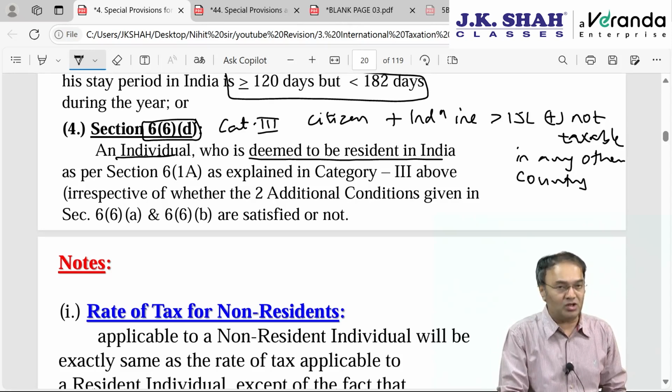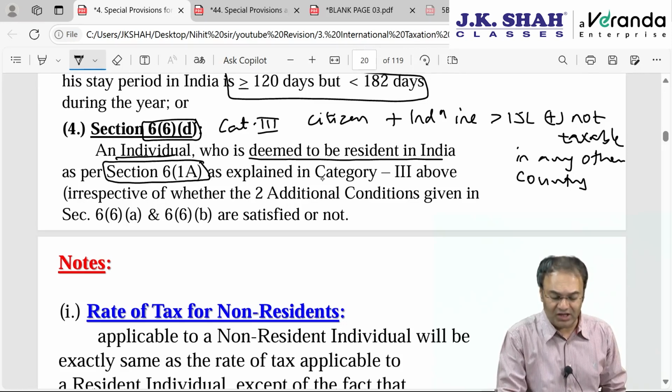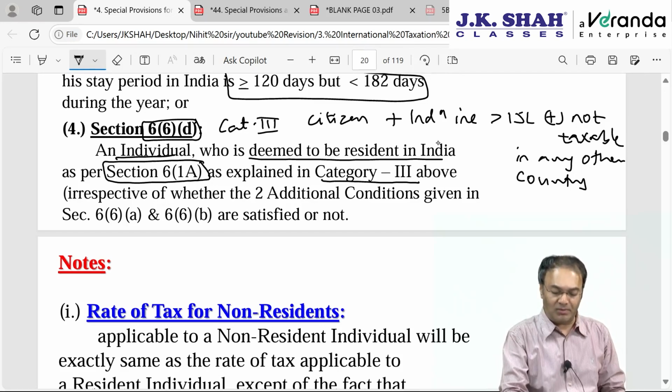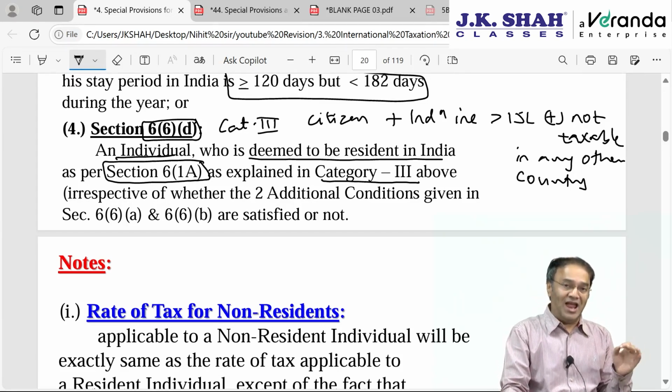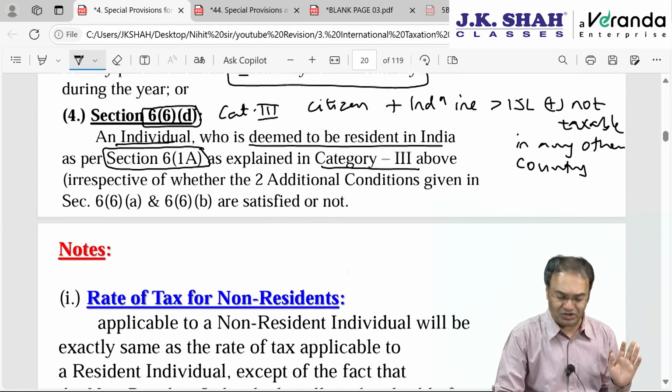Then the 2 additional conditions are not to be checked. This person is covered by section 6 clause 1A, that is category 3. He will be deemed to be RNOR automatically, that is, deemed to be resident but not ordinarily resident, without checking the additional conditions.